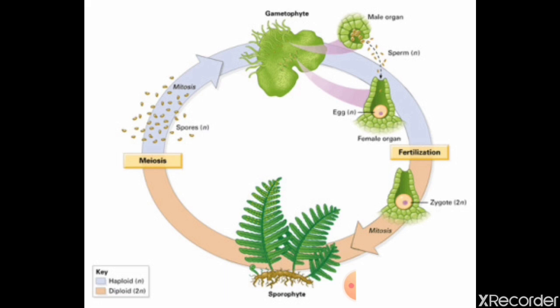So this is the life cycle of pteridophytes. Contain two phases, gametophytic phase and sporophytic phase. Dominant phase is sporophyte because plant spends larger time of its life in this sporophytic phase, in the diploid phase.